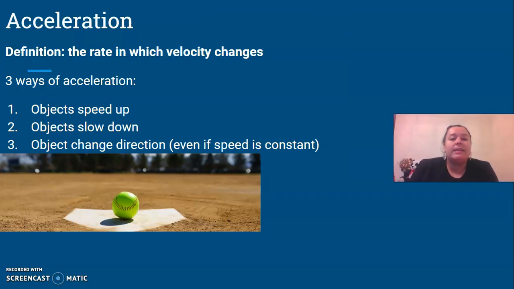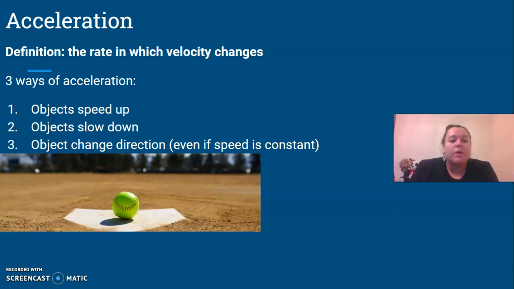All right, now the next thing we're going to go over is acceleration. Acceleration is the rate at which your velocity changes. So, for example, if you are in a car and you hit the gas, you're speeding up. That's acceleration. The same thing if you hit the brake, technically it's called deceleration, but deceleration or slowing down is a type of acceleration.